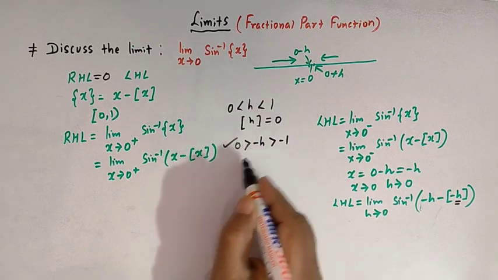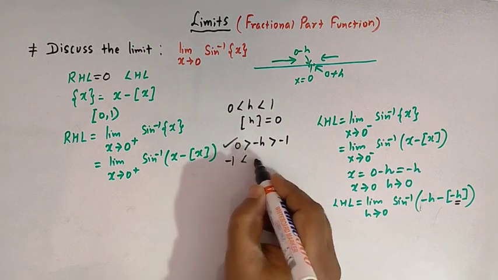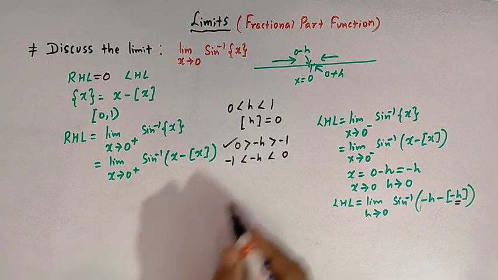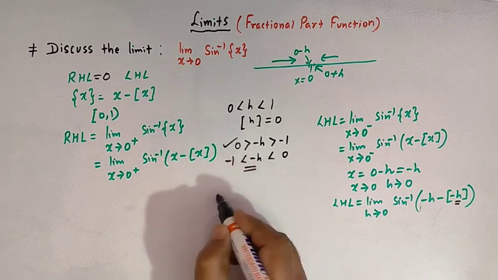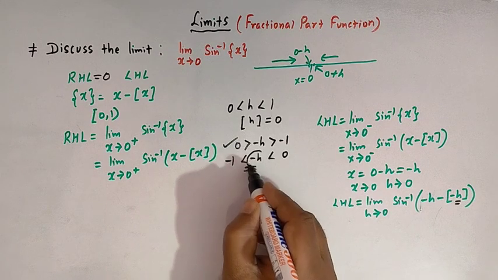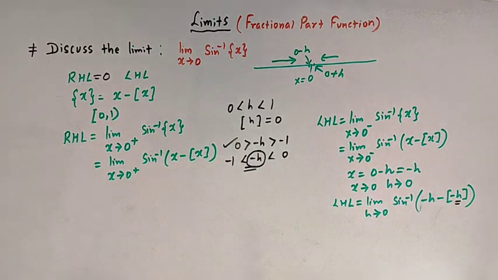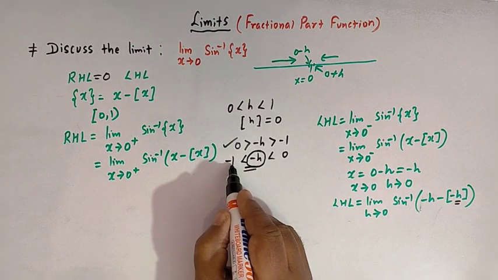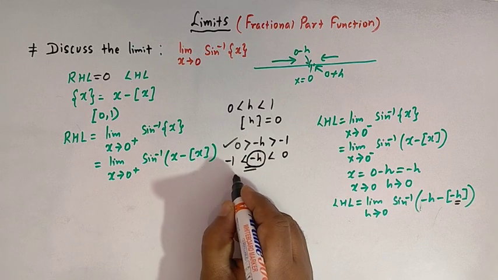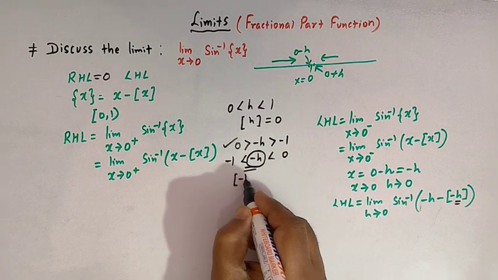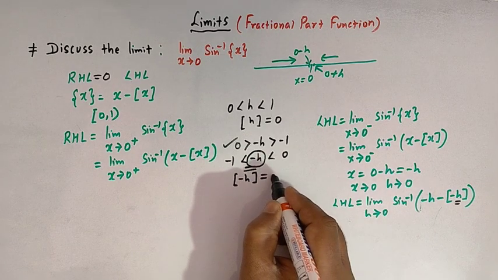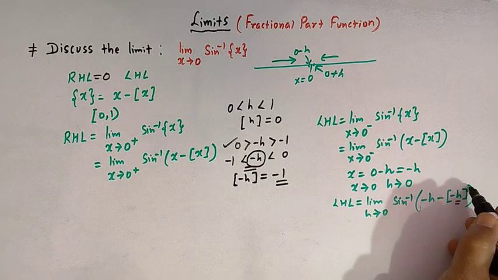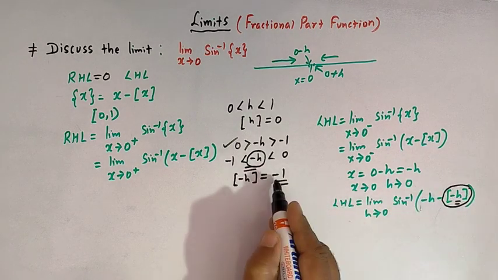So this inequality can also be written as minus 1 is less than minus h is less than 0. This indicates that minus h lies between minus 1 and 0, and when minus h lies between minus 1 and 0, the greatest integer of minus h must be equal to minus 1. So here we'll take minus 1.